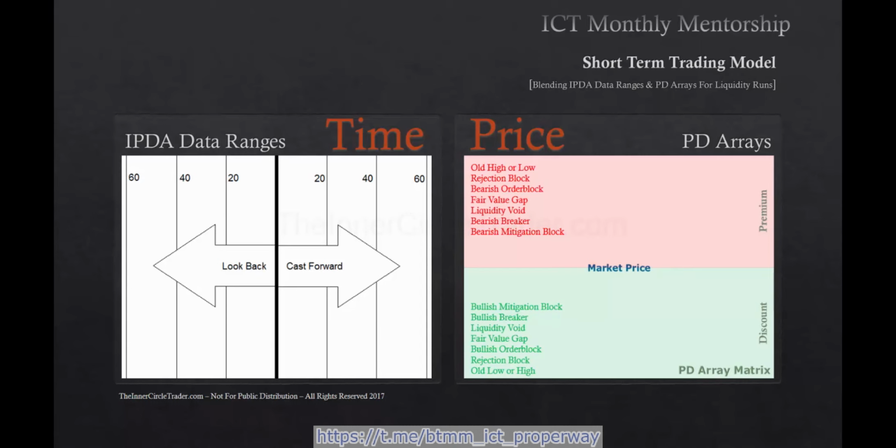When we refer to time and price, we're blending both of the components, just like the algorithm does. The algorithm has to go back a specific amount of time. So we break it into 20 trading days, which is essentially 1 month, 40 trading days, which is essentially 2 months, and 60 trading days, which is essentially 3 trading months.